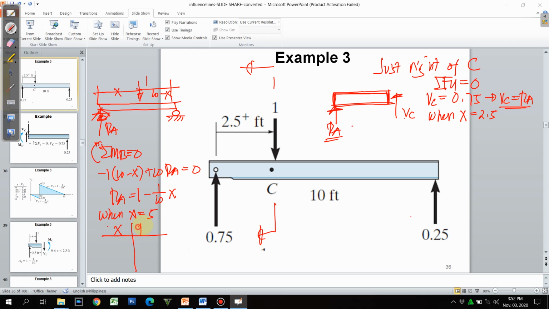Say x, and this is RA. So when x is 2.5, your RA is 0.75, and if your x is half of 10, that is 5, 1 minus 5 over 10, or 1 half, this is equal to 0.5, and if your x is 7.5, then this is 0.25, and if your x is 10, your RA would be equal to 0.